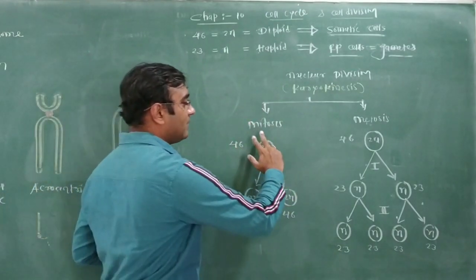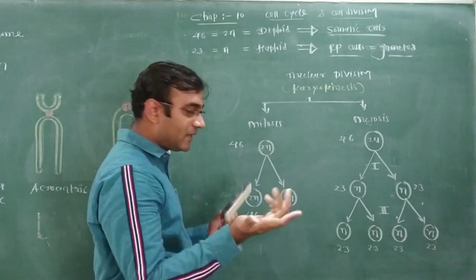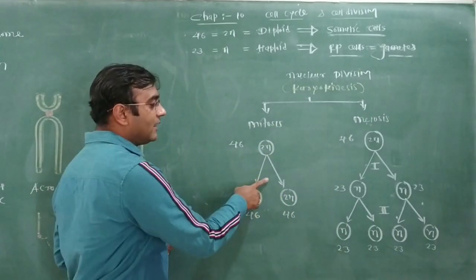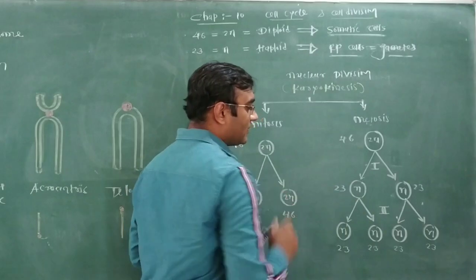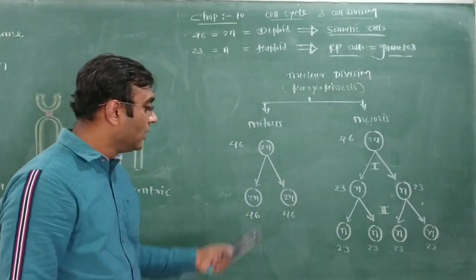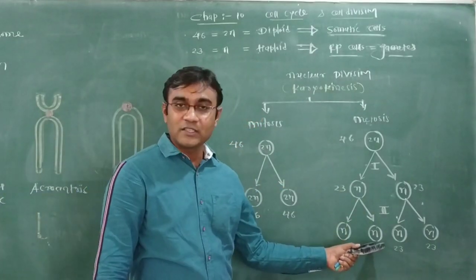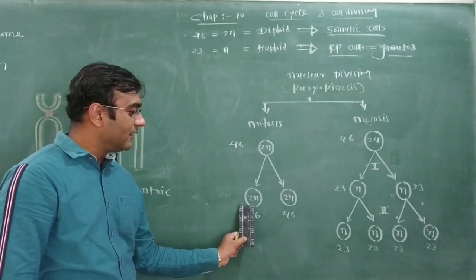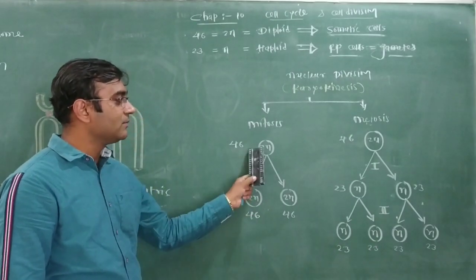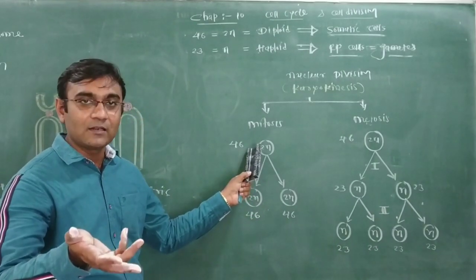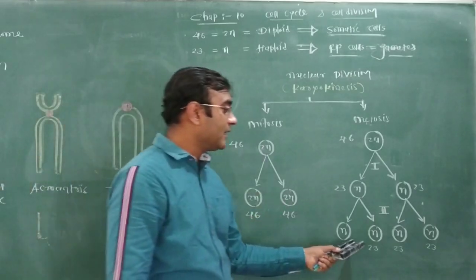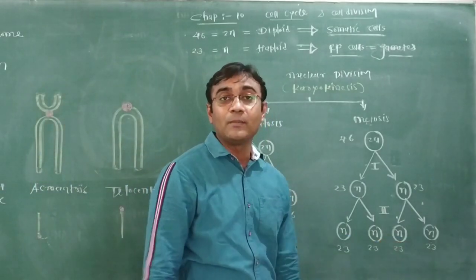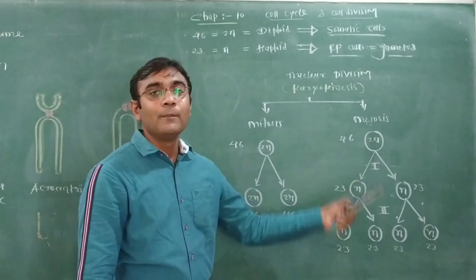So now the difference between mitosis and meiosis can be clearly mentioned here. In mitosis, a single division happens; in meiosis, two divisions happen sequentially. Mitosis produces 2 cells; meiosis produces 4 cells. In mitosis, each cell has the same number of chromosomes as the parental cell. In meiosis, each cell has half the chromosome number compared to the parental cell.